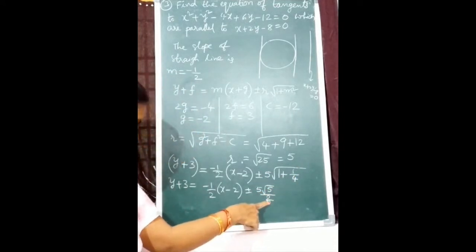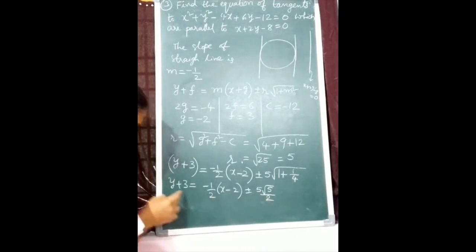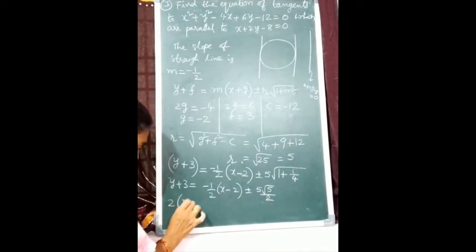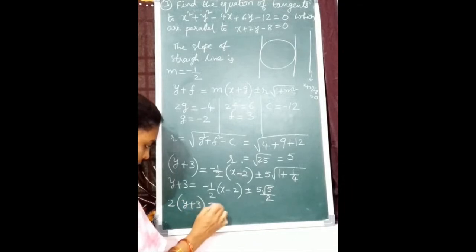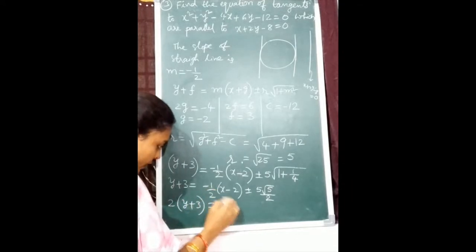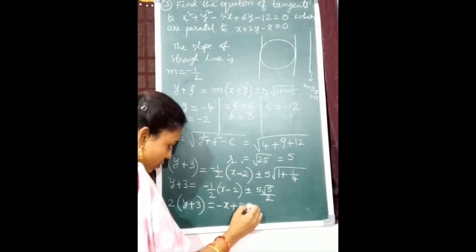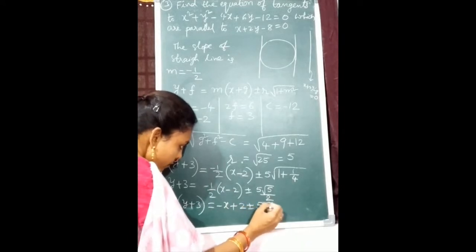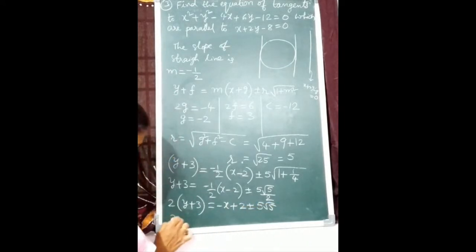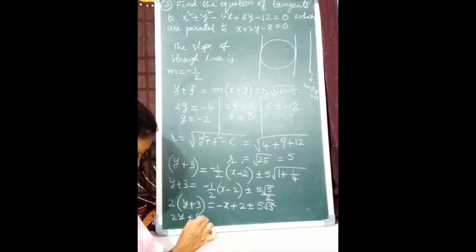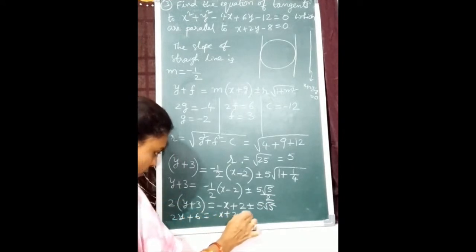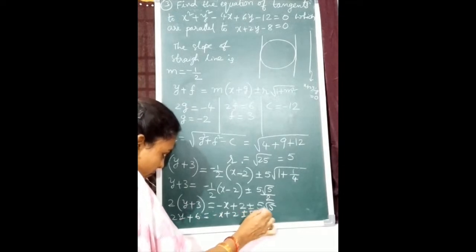So here 2 and here 2. So it comes to 2 into y plus 3 is equal to minus x plus 2 plus or minus 5 root 5. So 2y plus 6 is equal to minus x plus 2 plus or minus 5 root 5.